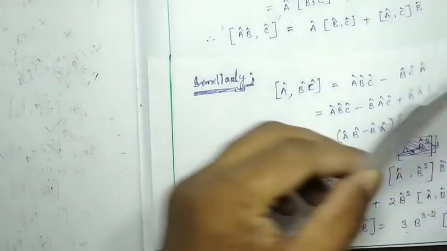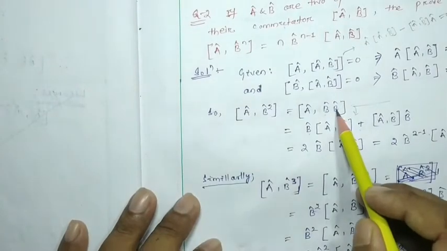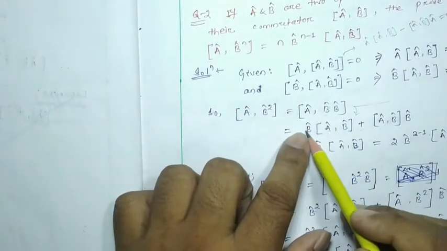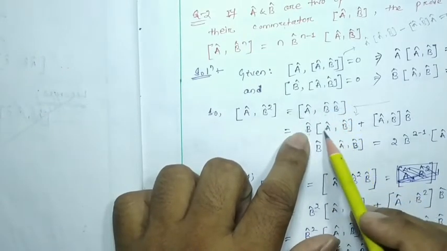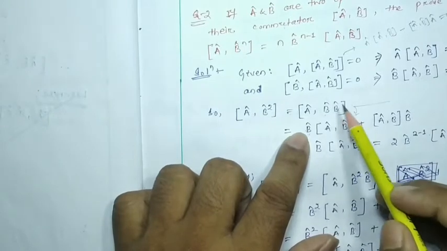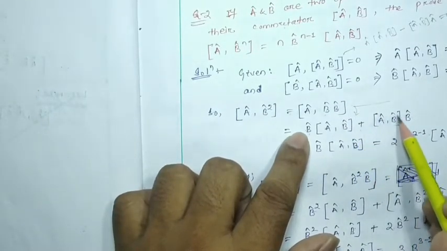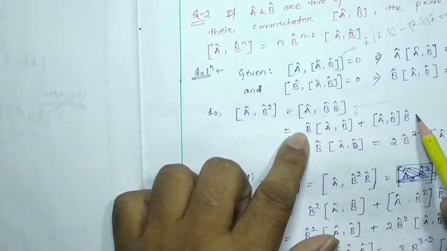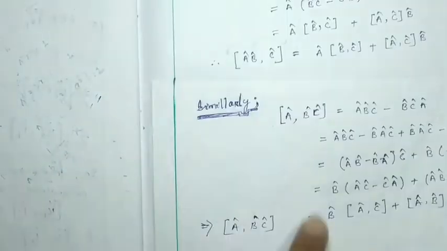Okay, likewise we are going to consider over here. So it will be A, B cap and another is A, B cap. So B cap will be moved to the left side, and the rest inside the commutator bracket is A cap, B cap. Then another B cap, this one will be moved this side, plus [A cap, B cap], this B cap will be moved this side. So hence we found this one by considering this algebra. Okay.